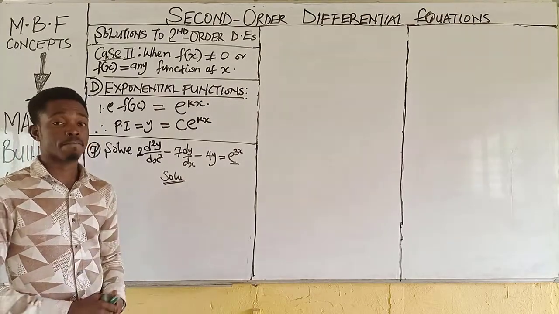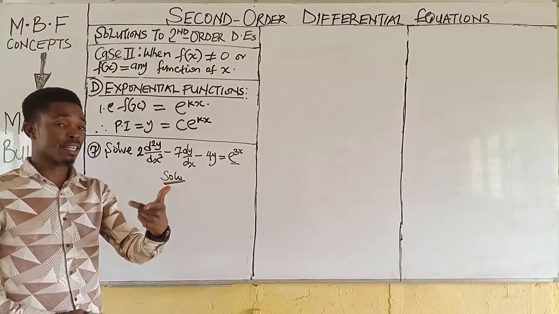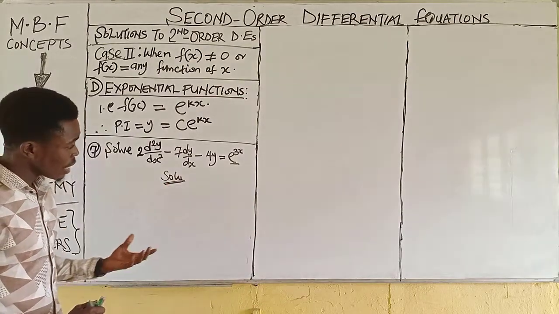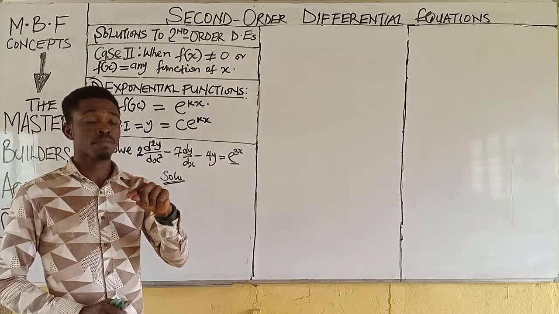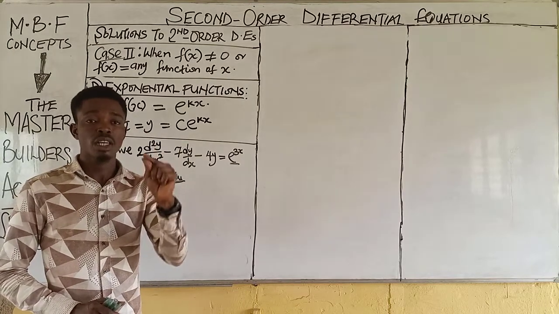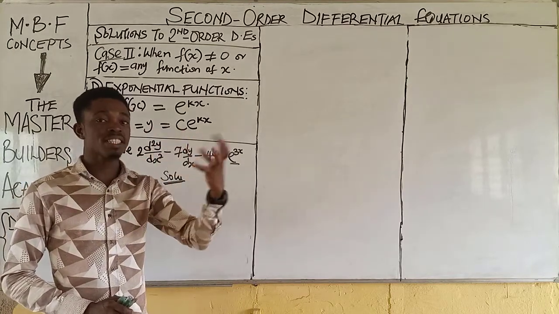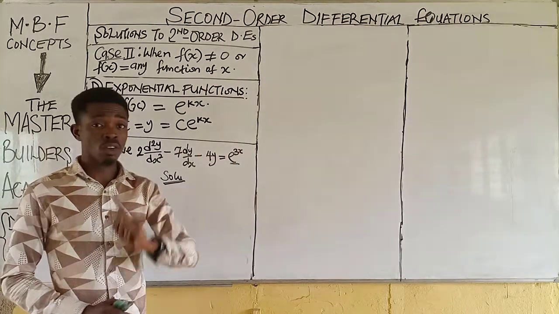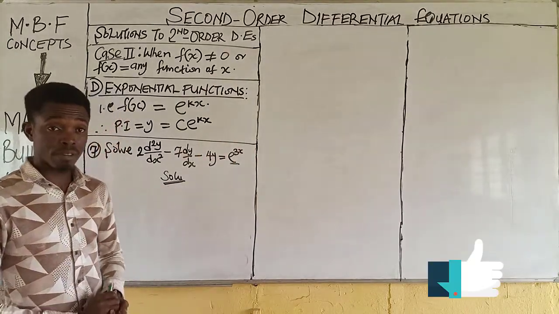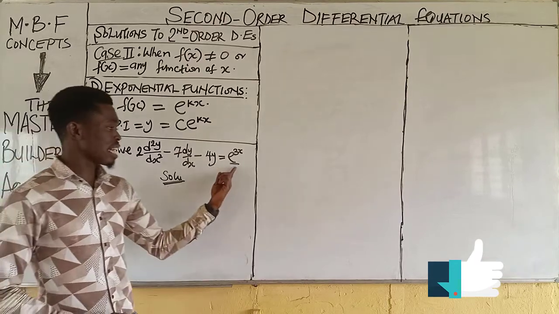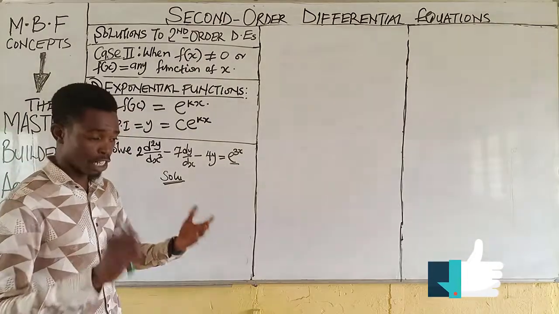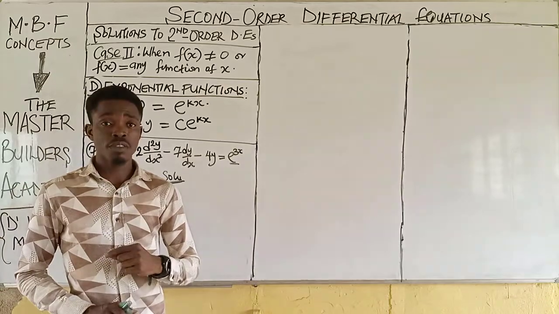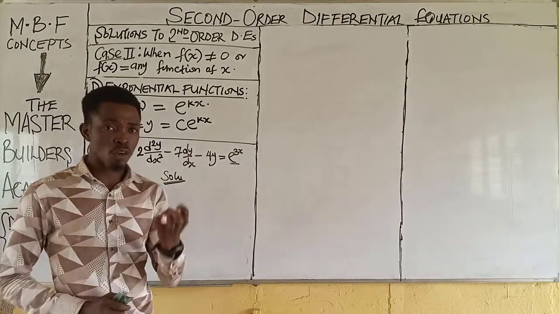exponential 3x. Now, as usual, the first thing to look for is whether you have an existing function at the right hand side of the second order differential equation that you are given. When we look at the right hand side of this equation, we find that we have exponential 3x, and of course exponential 3x is a function that exists.